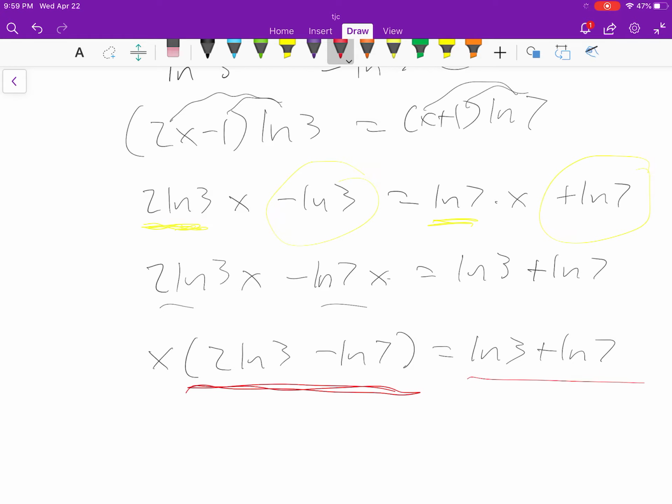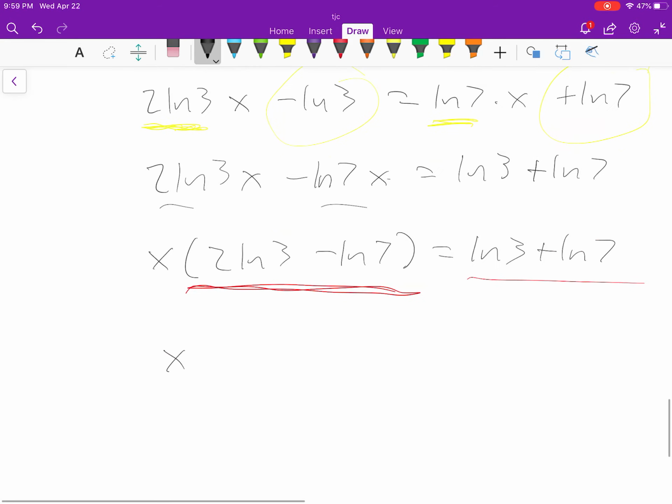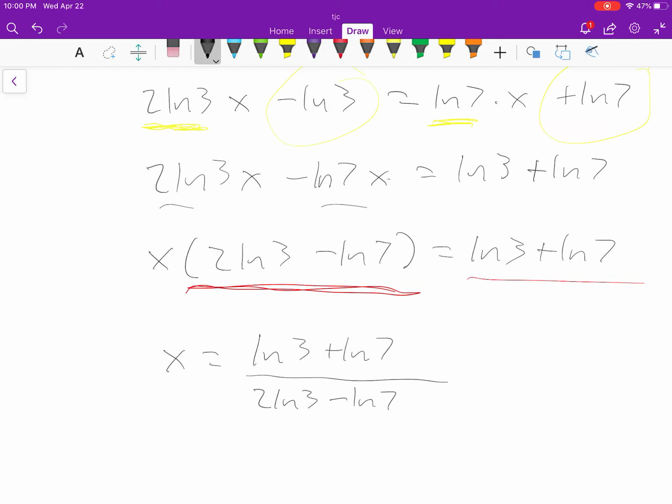So if we think of this as like 5x equals 10, we'd know what to do. We divide both sides by 5. So here, we're going to divide both sides by the 2 ln 3 minus ln 7. So when you do that, x equals (ln 3 plus ln 7) over (2 ln 3 minus ln 7).